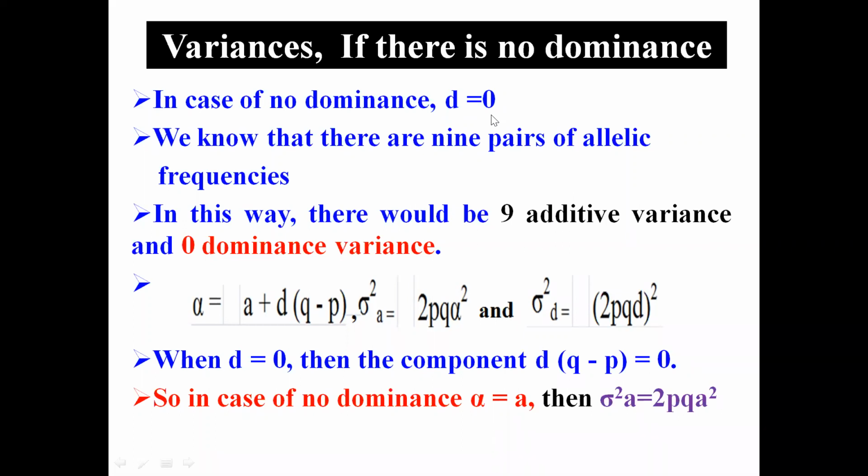So in case of no dominance, alpha will be equal to a. And in that case, additive variance is equal to 2pq a square. Alpha square is replaced by a square. You have seen it here.